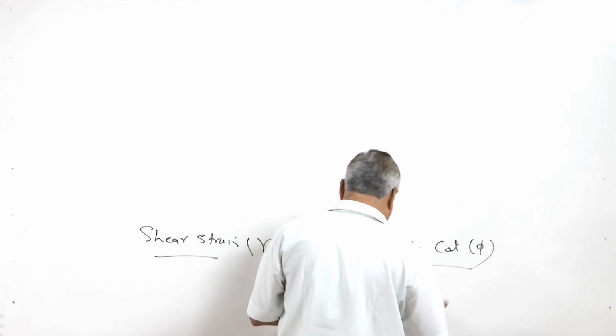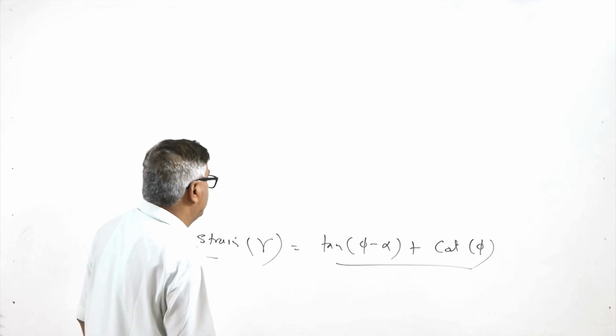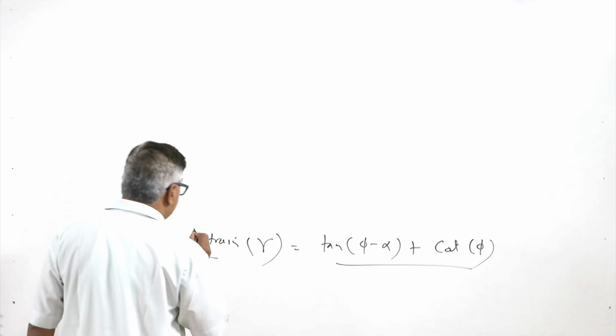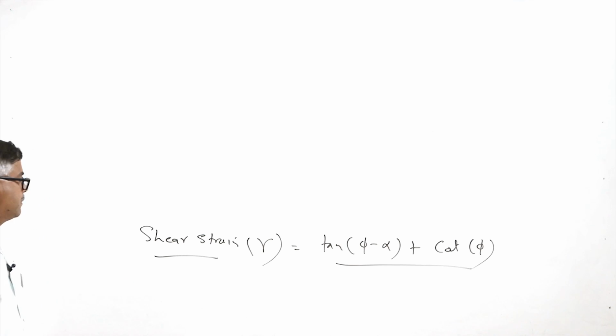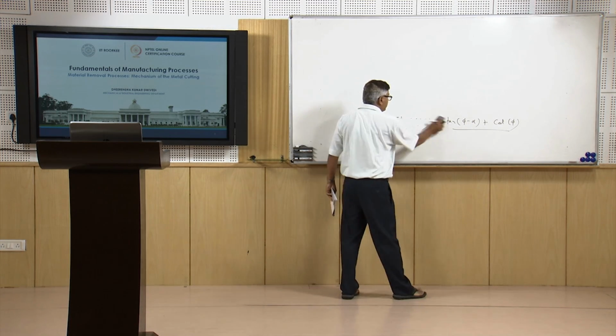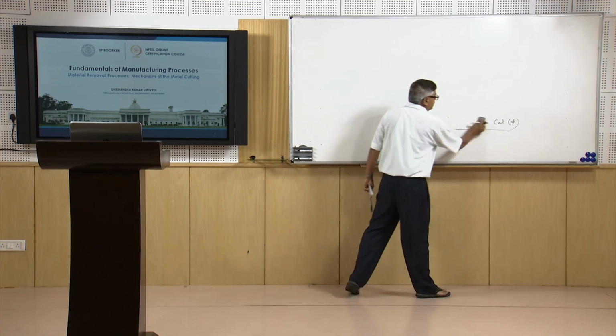This equation can be used for calculating the strain which will be experienced by the material when it passes through the shear plane in the course of removal of the material by the shearing action during machining.